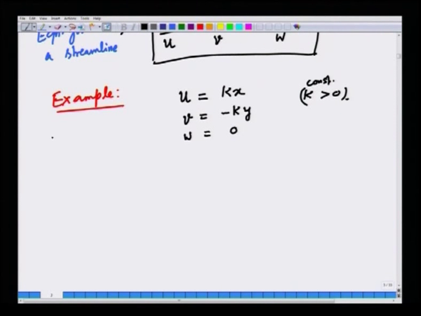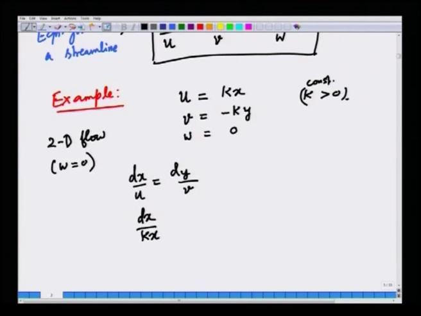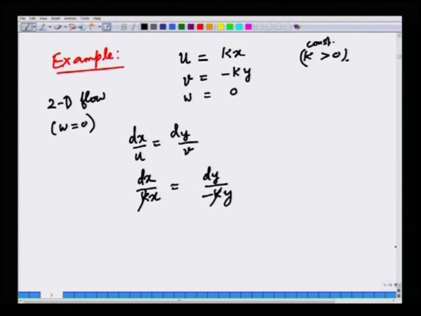So, it is a 2 dimensional flow in the sense that w is 0, and we have to worry only about dx by u equals dy by v. Dx by u is dx by kx, and dy by v is dy by minus ky. K will cancel, so dx by x is minus dy by y.